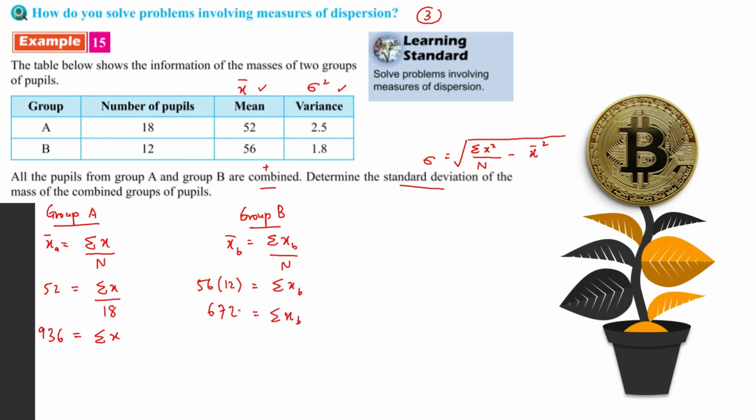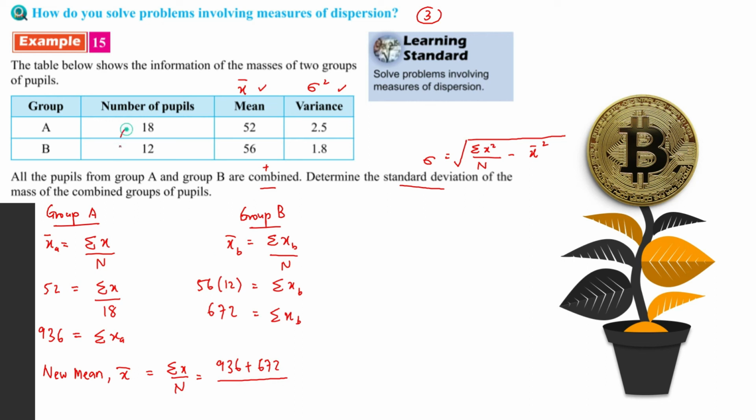Okay, this one is A. So the new mean, when you combine, now you have 936 plus 672 over n, equals to 30.